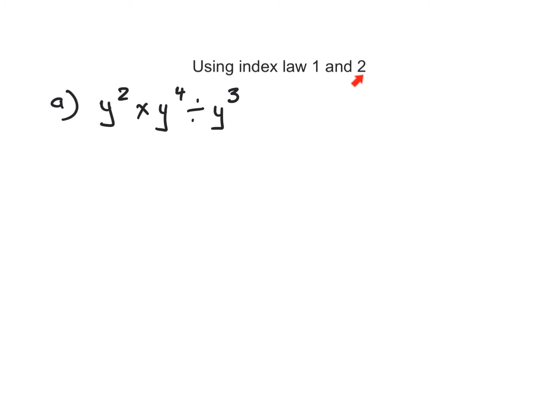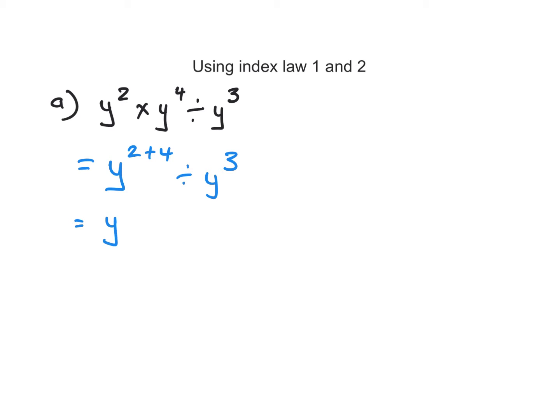Alright, well now we're going to use index law 1 and 2 to solve this problem over here. Put the video on pause, give it a go, come back when you're ready. Well, the first thing I'm going to do is sort out my multiplication, so I'm going to add those two together. So that becomes y to the 2 plus 4 divided by y to the 3.